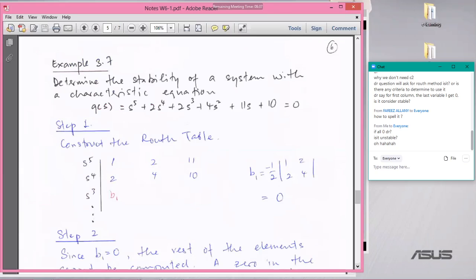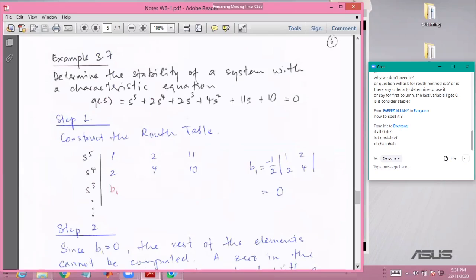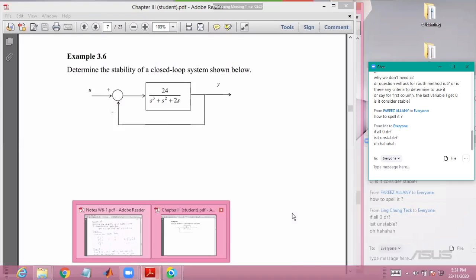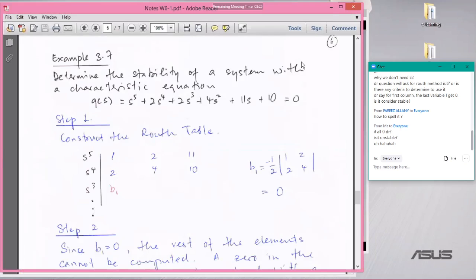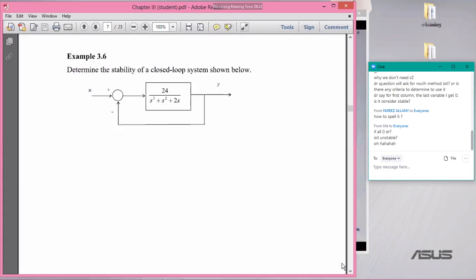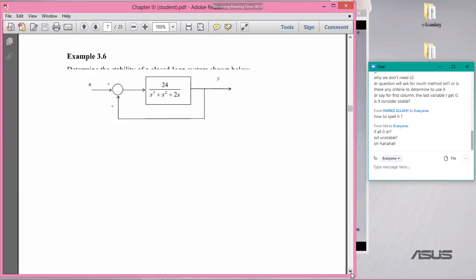Okay, 3.7 is done. So it looks like it is not that difficult to develop the Routh table.